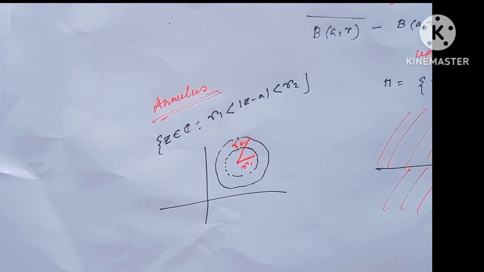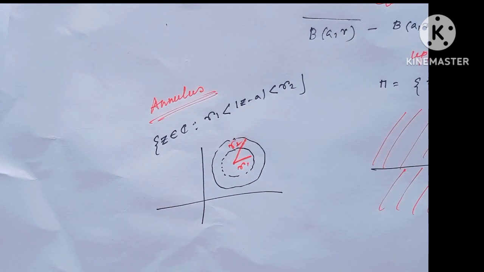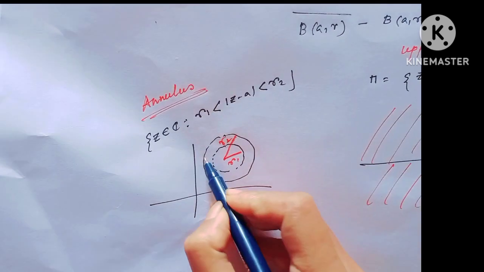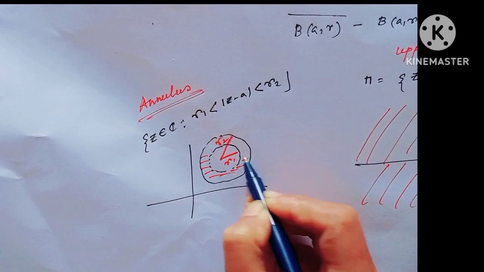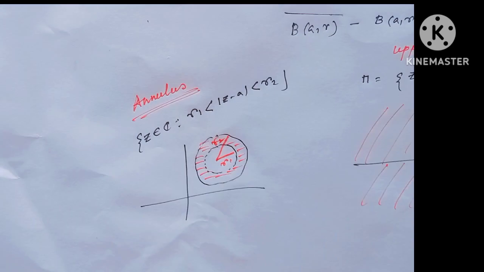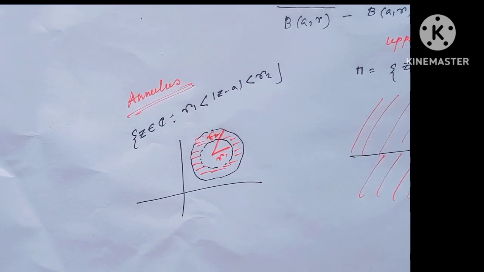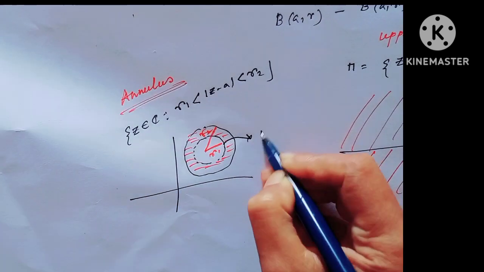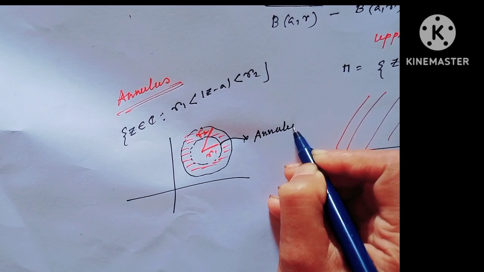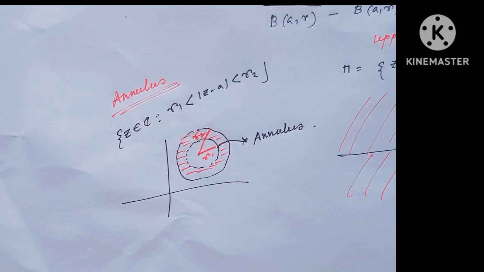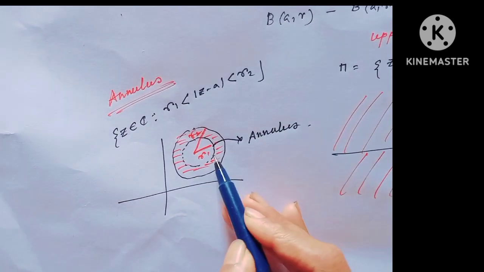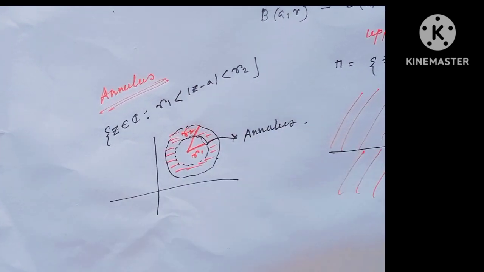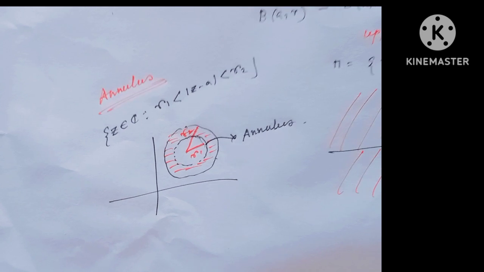And here notice R1 is strictly less than mod z minus a, which is strictly less than R2. That means this region is a member of the annulus. Such a region is called an annulus. I hope all my viewers have understood. Here this is the inner circle and this is the outer circle, and this middle point belongs to the annulus.